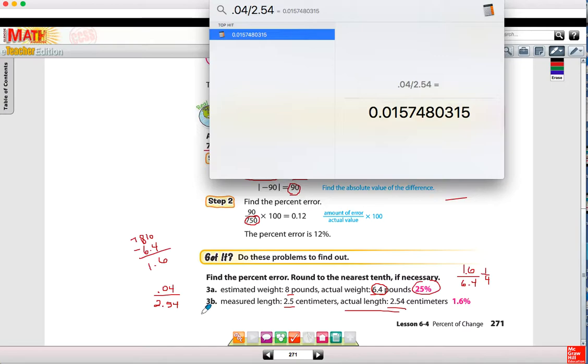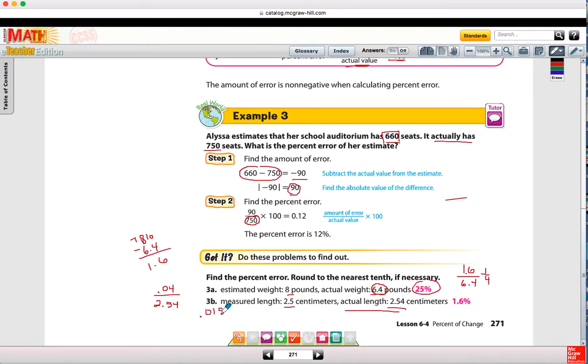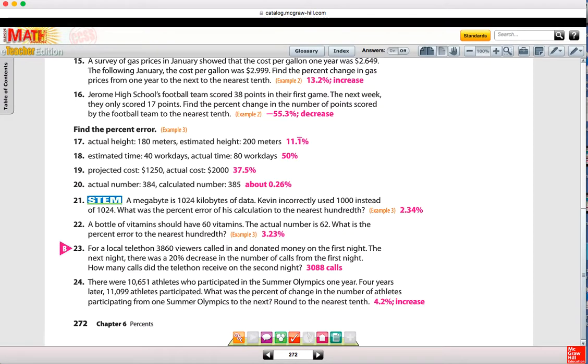You can see that on my calculator, 0.0157. And if I need to round to the nearest tenth, I'm going to move it over 2 because I'm multiplying it by 100 to find the percent. And then that 7 will round the 5 up to a 6. So the final answer would be 1.6%.